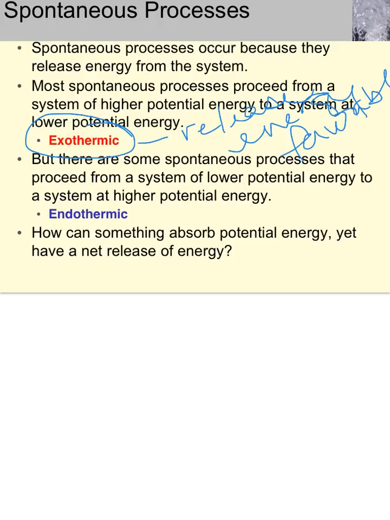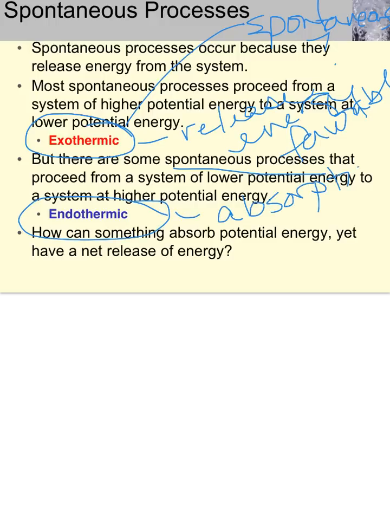And so you might jump to the conclusion that exothermic reactions are spontaneous. And actually most of them are, but not all of them. There are actually some spontaneous processes that are endothermic, that require absorption of energy.